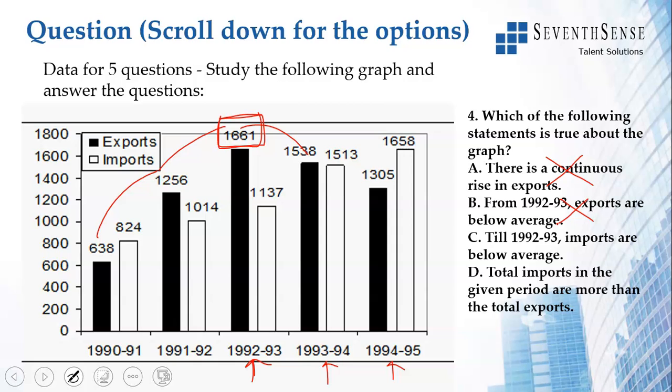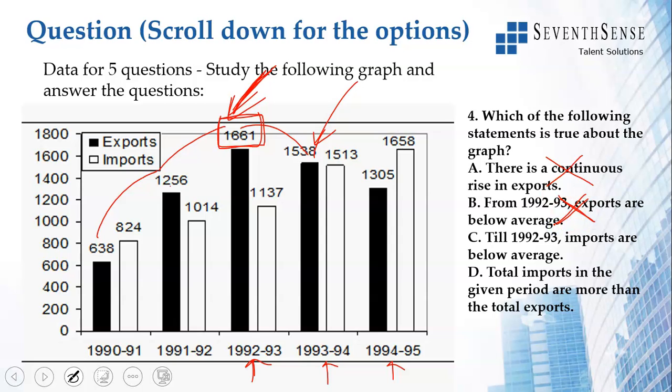This year is definitely above average. Even this year is higher than these 2 years, so it can't be below average. Just by looking at the diagram, this is the highest value, so the average will be lower than 1661.